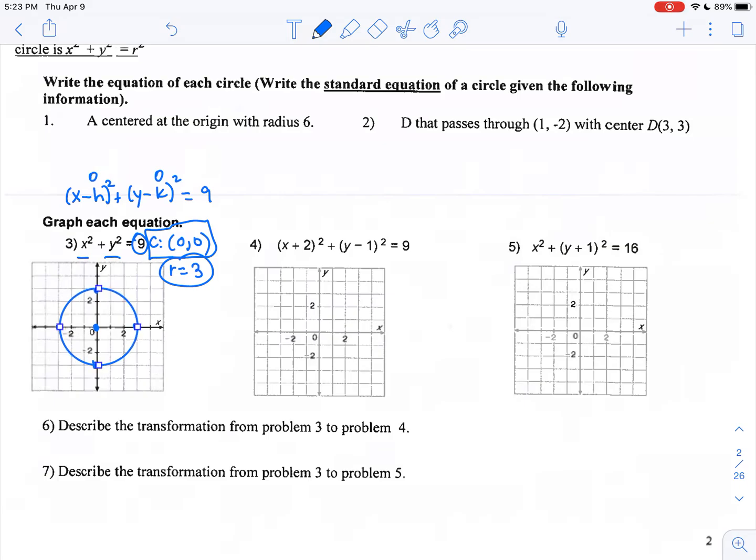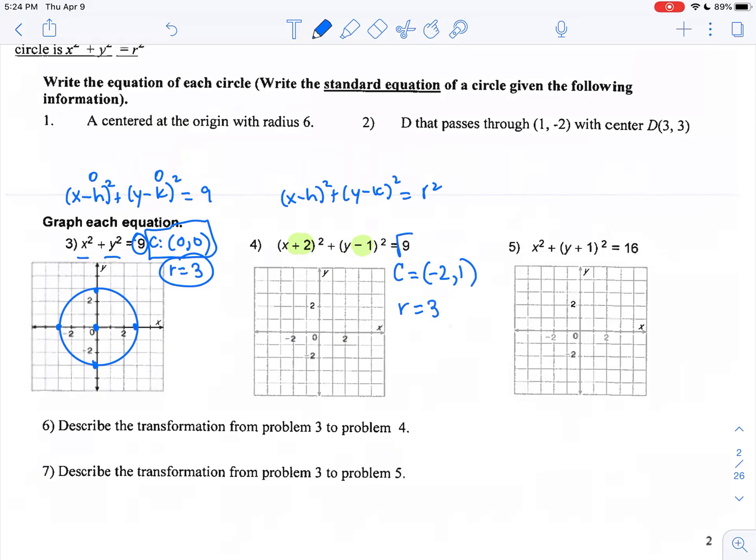Okay, now the next equation, you see that you do have a value. Because the equation we learned is (x - h)² + (y - k)² = r², we want to make sure when we take out the center that it's the opposite in value. So negative 2, and the opposite of negative 1 is positive 1.